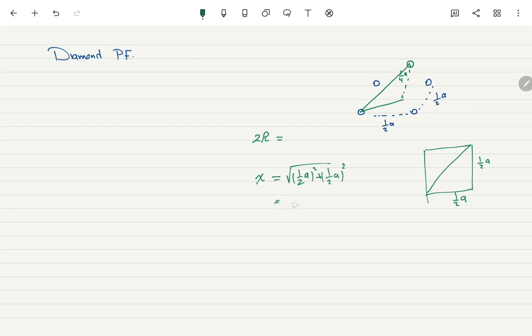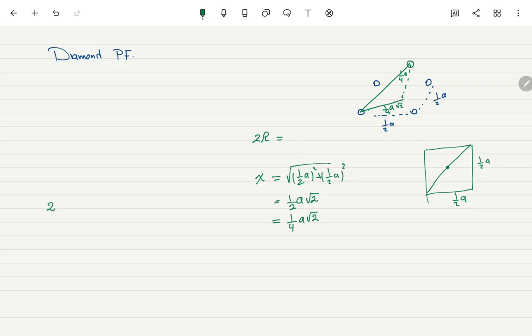In other words, it's equal to half A square root of 2. Now we actually need half of it, so it's equal to 1/4 A square root of 2. So the distance here is equal to 1/4 A square root of 2, and this one here is 1/4 A.